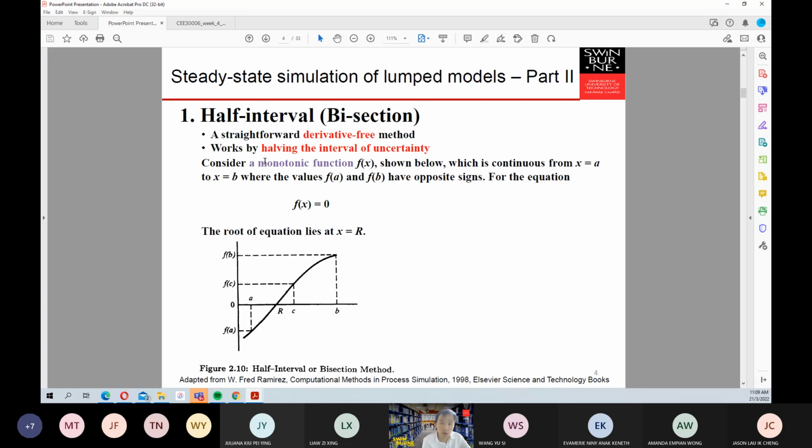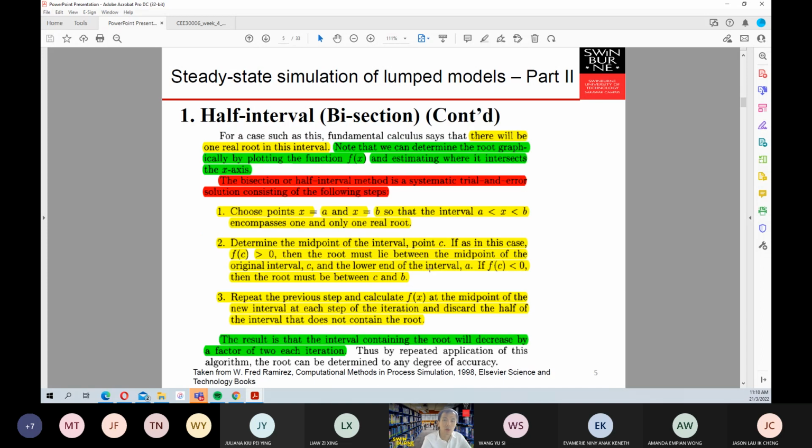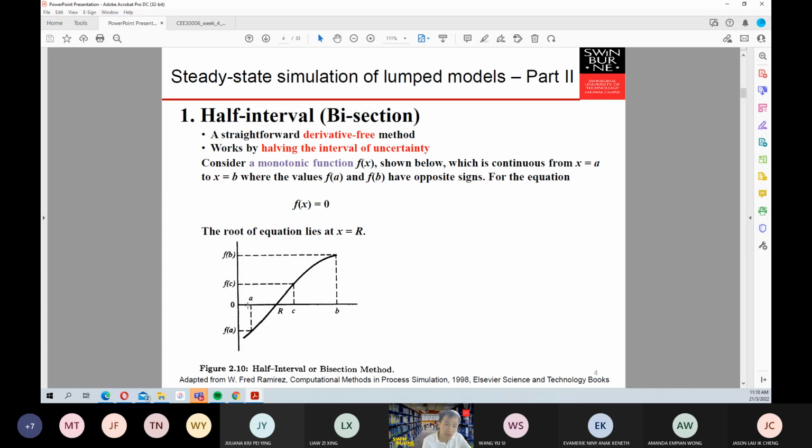If we consider a monotonic function f(x) shown below, which is continuous from f(a) to f(b), and we want to find a value of x that makes this function equal to 0, then we need to solve this equation. We know that the root of the equation lies at x equal to r. So what we do is we choose a point x equal to a and x equal to b, such that the function's value at a has a different sign with respect to b.